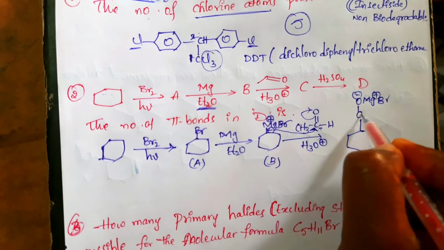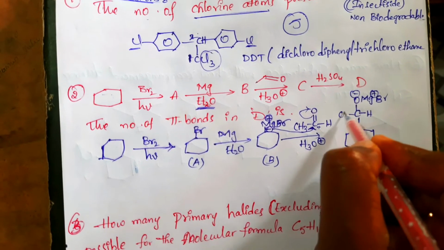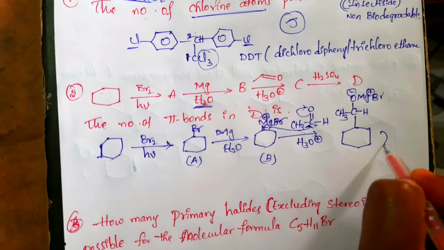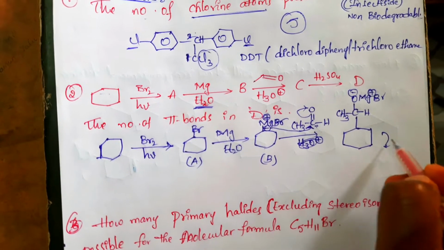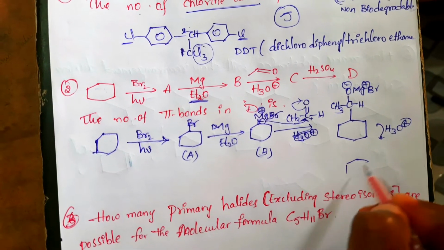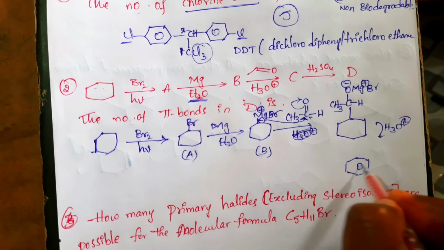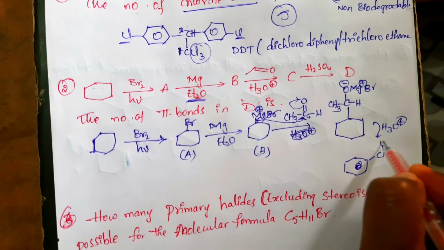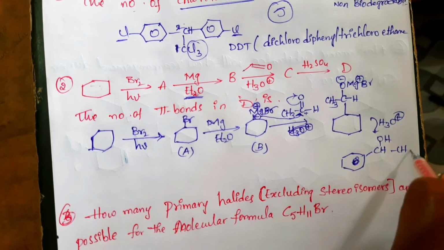It has one hydrogen as well as one CH3 group. Followed by hydrolysis with H3O plus, we get CHOH with CH3.